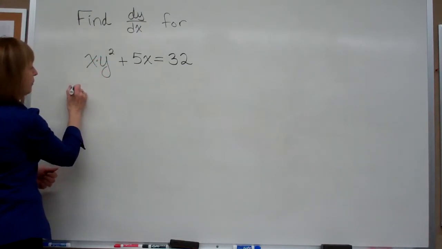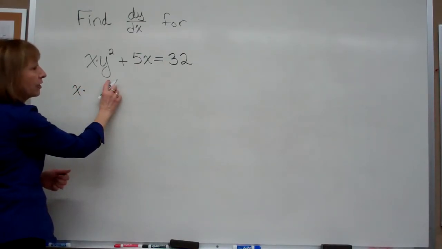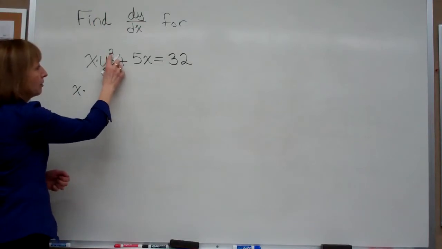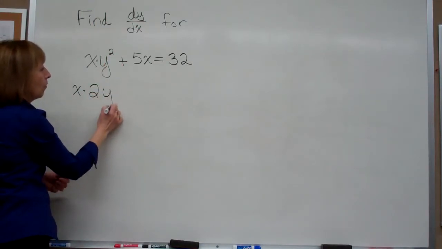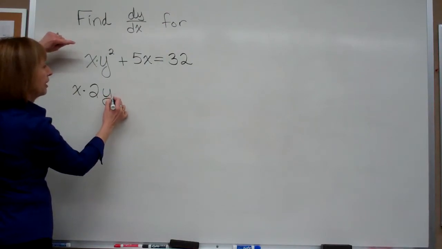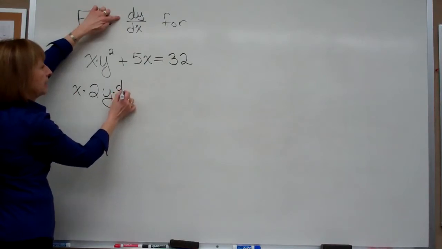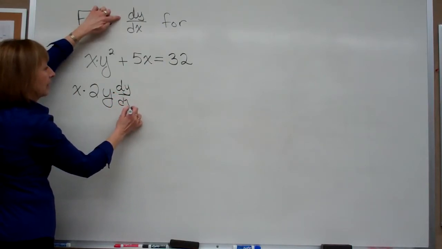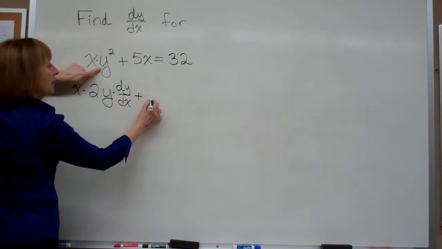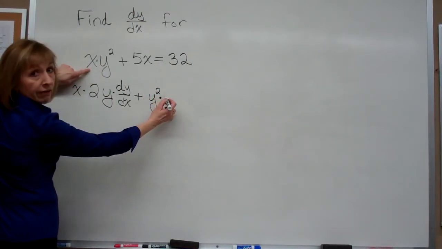So I have my first factor x times the derivative of the second factor. The derivative of y squared is 2y, but it is our dependent variable that we've differentiated with respect to, so by the chain rule, I also need to multiply by dy/dx. And then plus my second factor, y squared, times the derivative of my first.